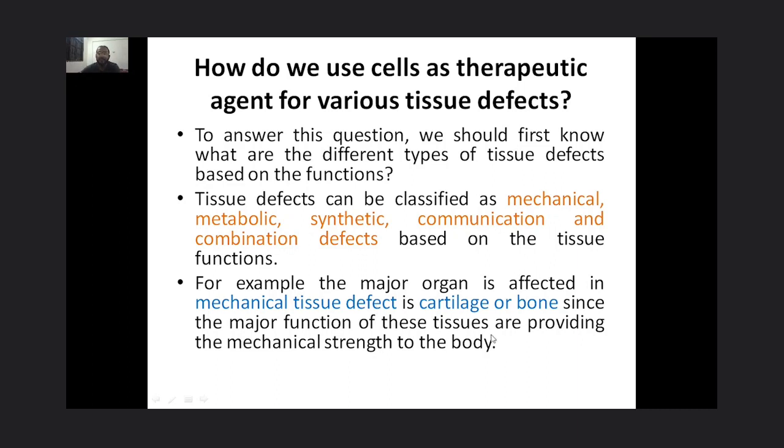Since the major function of these tissues is providing mechanical strength to the body, if any damage happens, then we will experience a lot of pain in the knees because the cartilage is not working properly. The function of the cartilage is to give the cushioning, and if that cushioning is not there, then your two bones will start having a lot of friction in between the joints, and that will explain the heavy pain.